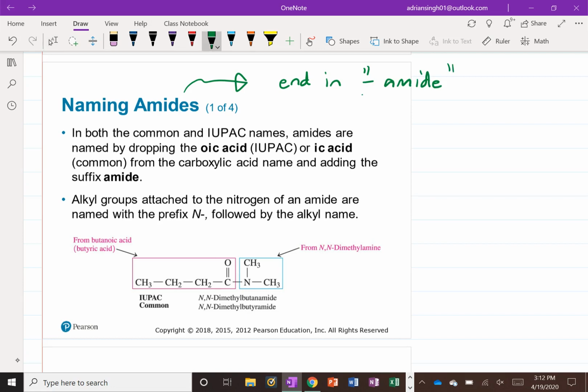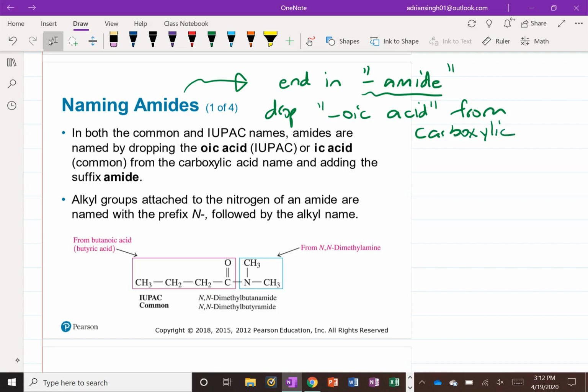All right, so that's a really quick clue to tell you that you're dealing with an amide, and we get that by dropping the oic acid from the carboxylic acid, and then we're going to replace that ending with amide as the last name.